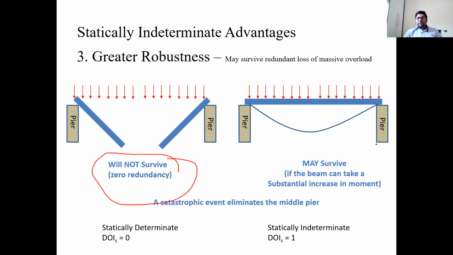But this beam, which is intact together, will survive because the beam can take additional moment. So what is that called? Greater robustness. It may survive redundant loss or massive overload. So if you have a question on the advantages and disadvantages of determinate and indeterminate structures, this is what you need to write.